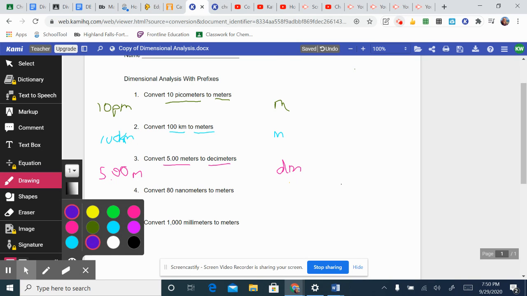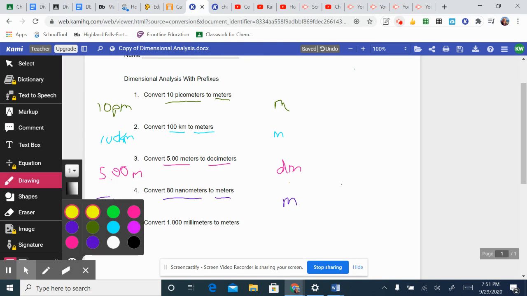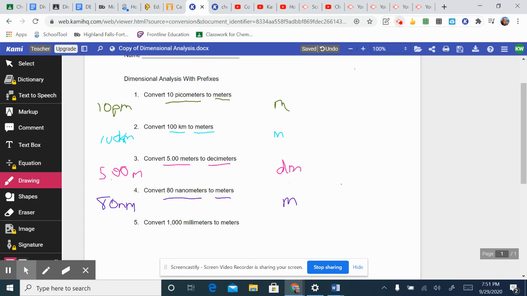And then for the next one, I have 80 nanometers, and I'm converting that into meters. And for the last one, I have, what color have I not used yet? For the last one, I have 1,000 millimeters, and I'm converting that to meters.